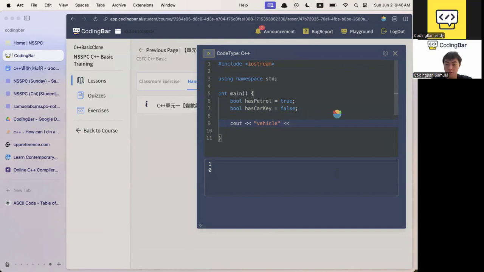And Boolean can start means we have to have petrol and have car key at the same time.